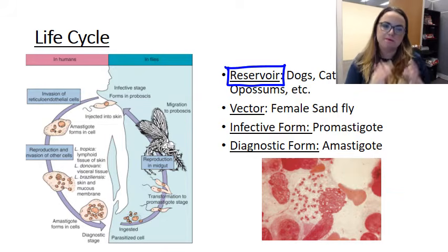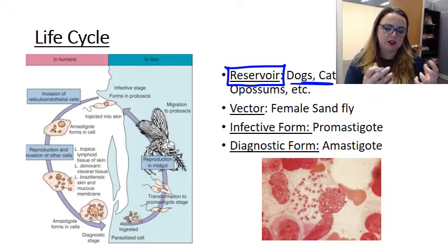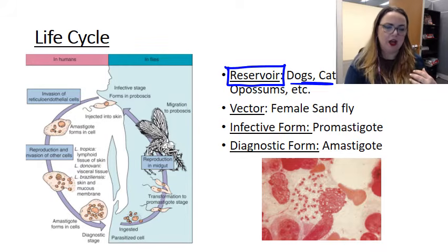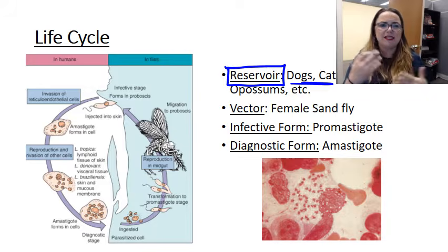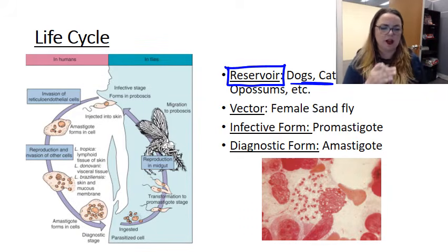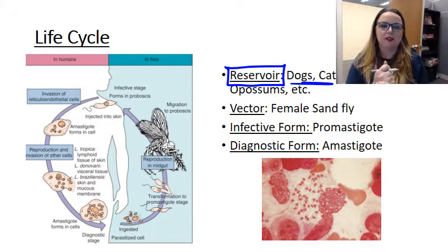For example, domestic animals, dogs, cats in these endemic areas would potentially have Leishmania in the population. There are also wild animals, possums, anteaters, sloths, and even humans sometimes are considered a good reservoir, depending on the severity of disease.